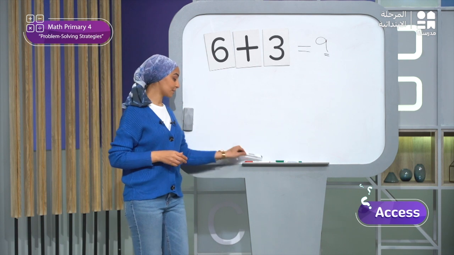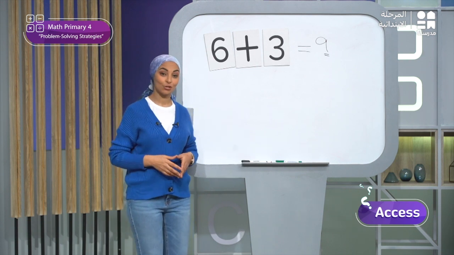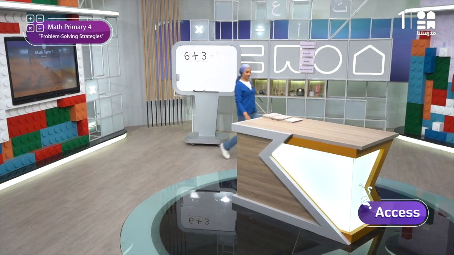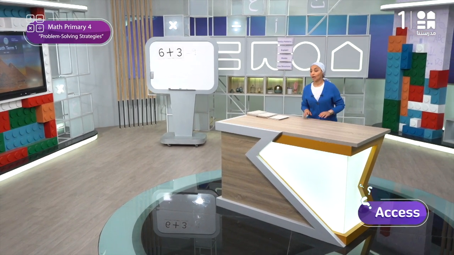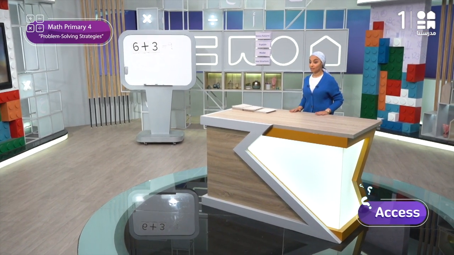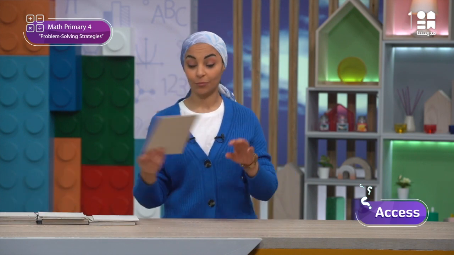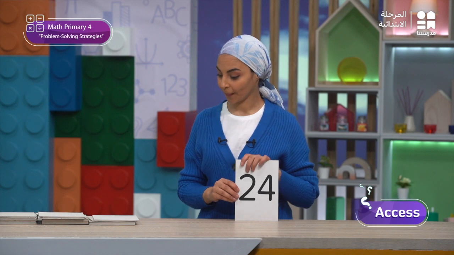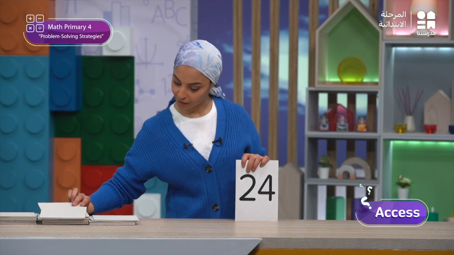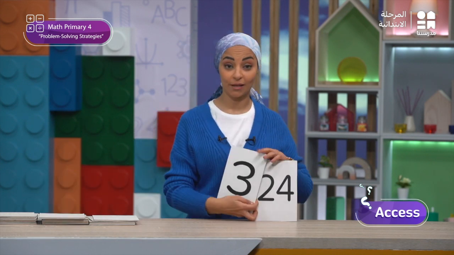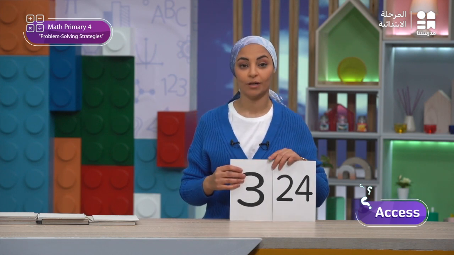Okay, now let's make another round. Yalla, let's do it. Okay, and now I will choose two numbers and one symbol. Let's start. I will choose, for example, the first number, which is 24. I will choose another number from here. Look, it is 3. Okay, I have 24 and 3.